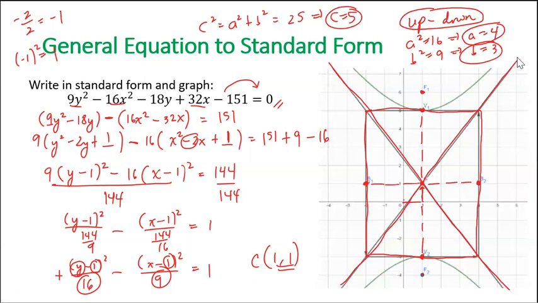And then since this is an up-down hyperbola, we have to draw two parabolic shaped graphs. One is opening upward and one is opening downward. And both of these parabolic graphs will pass through the vertices. So this is the graph of the hyperbola having the following equation.